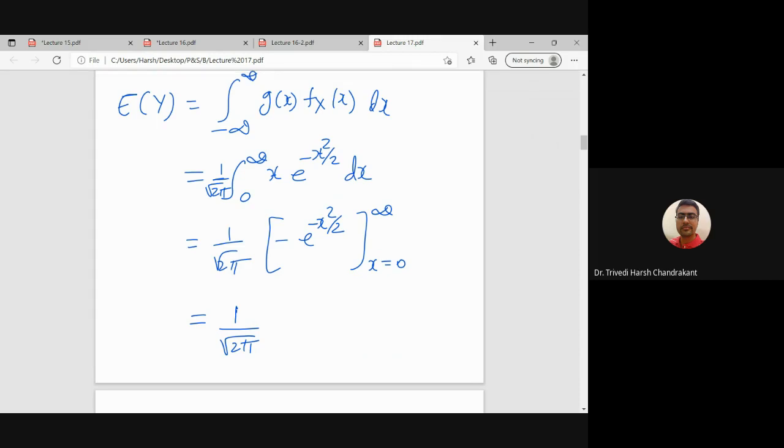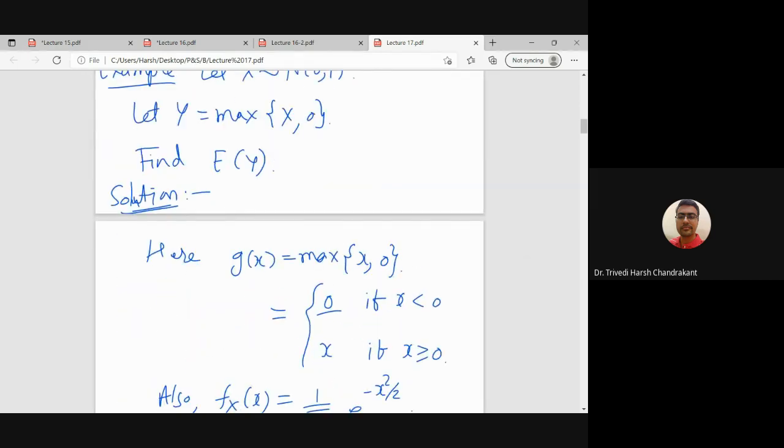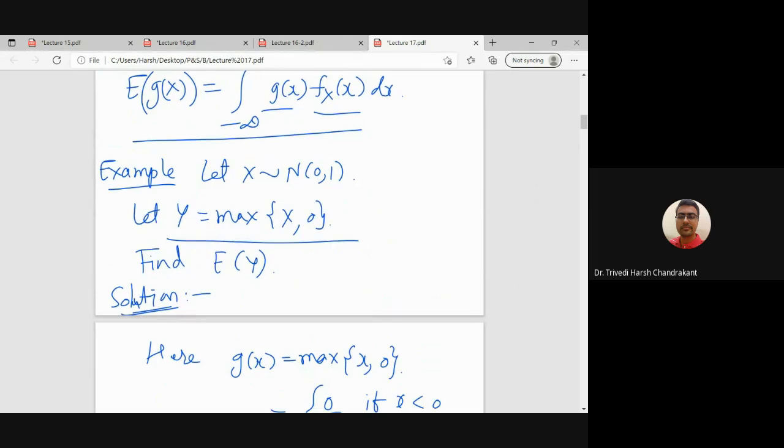So whenever we are given some function g(x), which is a function of a random variable, what is g(x) here? g(x) is the maximum of x and 0. Capital X is our random variable, so it is a function defined at each outcome, and the maximum of X and 0.